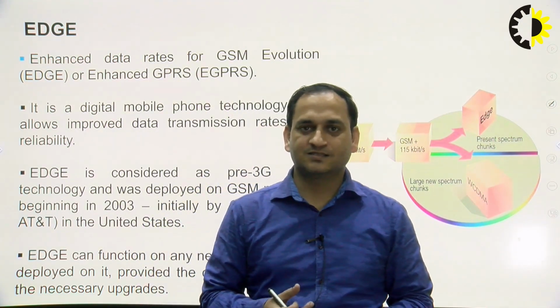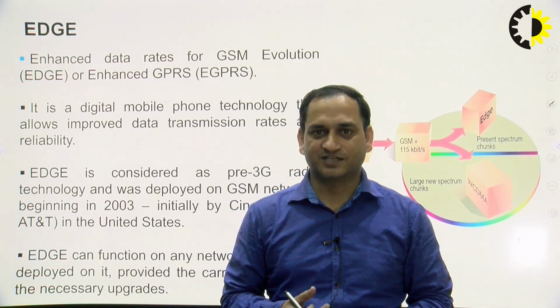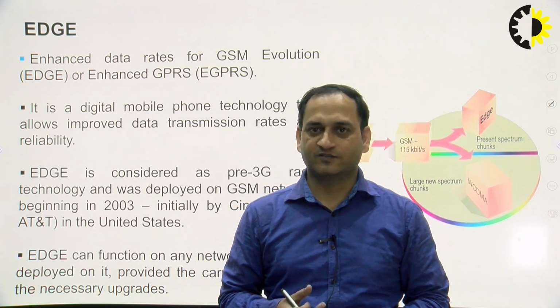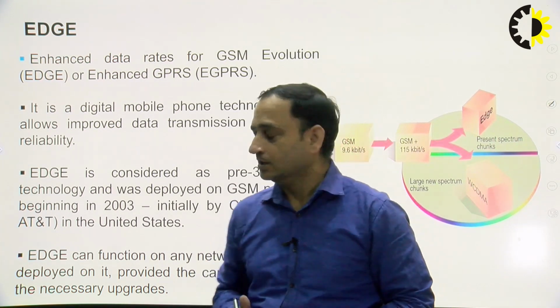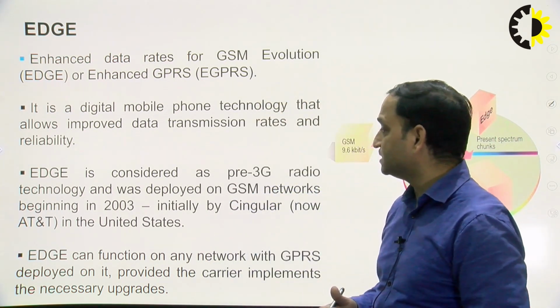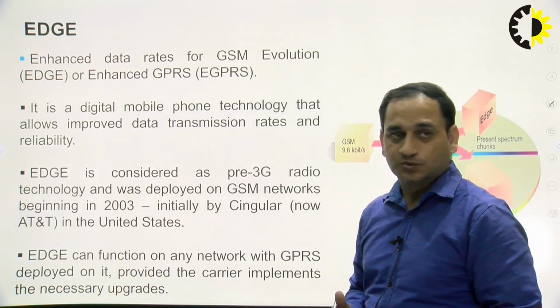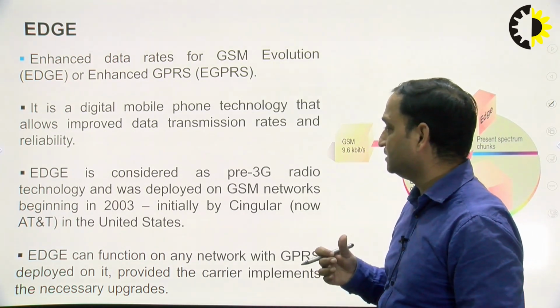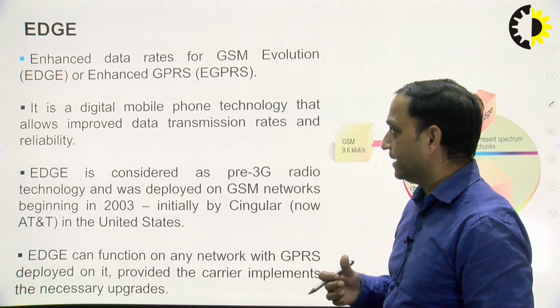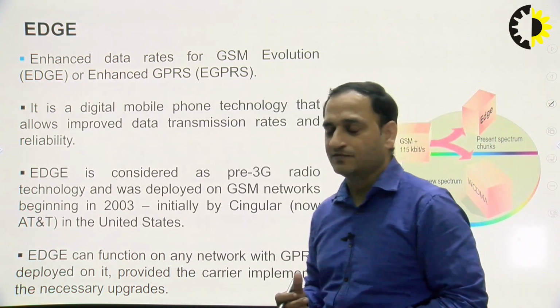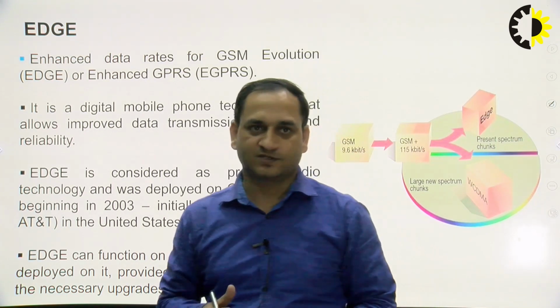Next in that series is the EDGE network, which is the 2.75G network. As we said, this is the GSM evolution part, enhanced GPRS. This is an advancement of the GSM architecture, and they have used that architecture for the deployment of the EDGE network.